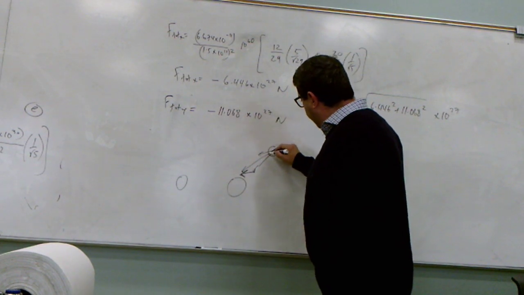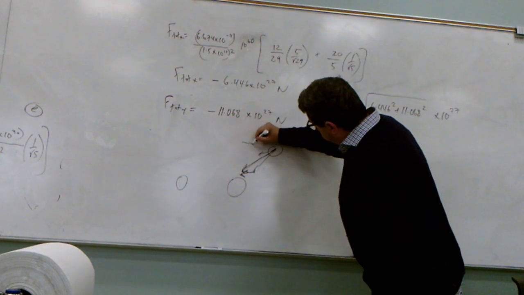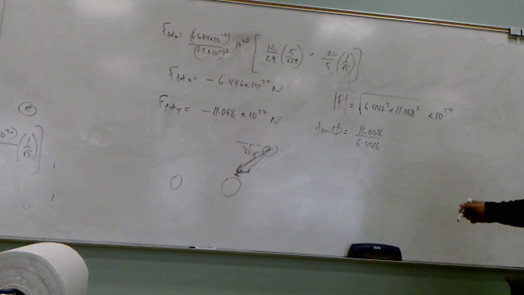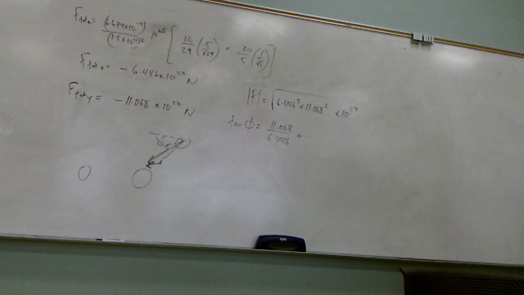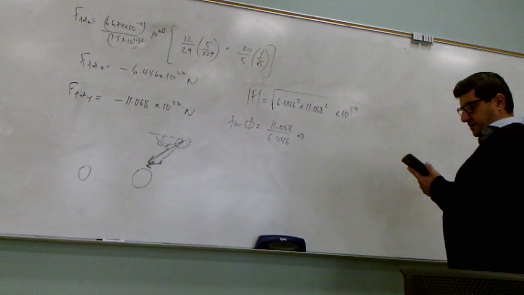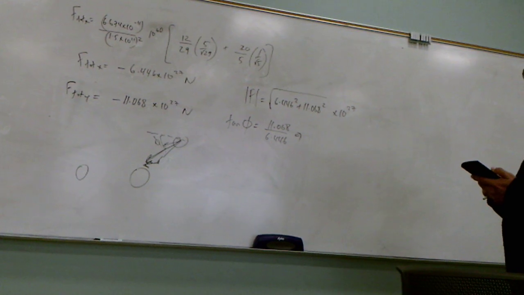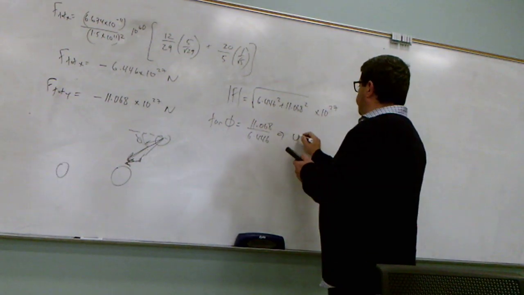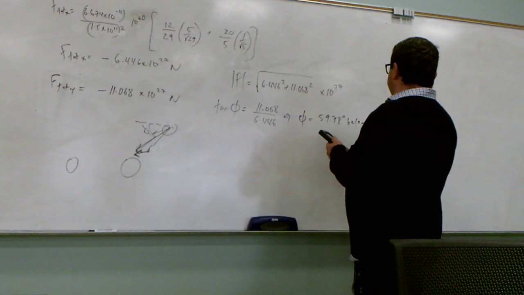So that means the net force felt by this is not directly towards here, it's slightly towards there, like that. So now the magnitude of this force, that's this guy. And this phi is the angle of that force, right? So tangent of phi is the y over the x component. Okay, and then from there we can calculate the angle phi. So 11.068 divided by 6.446, then tangent inverse gives 59.78 degrees below the negative x-axis.